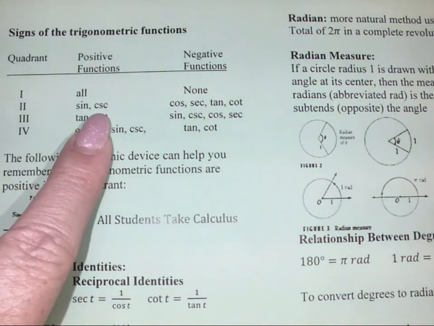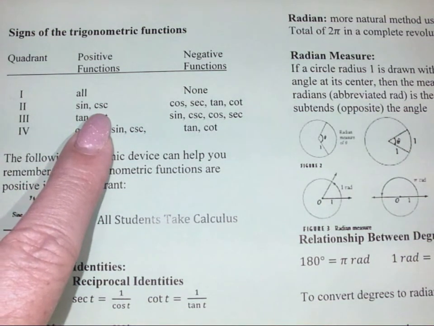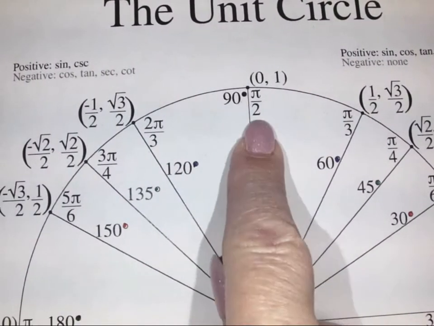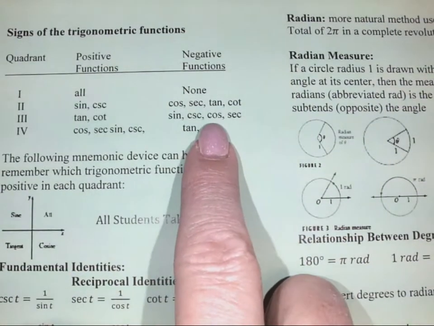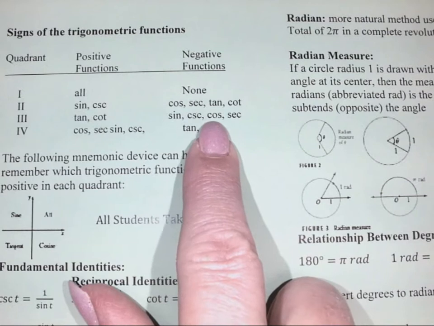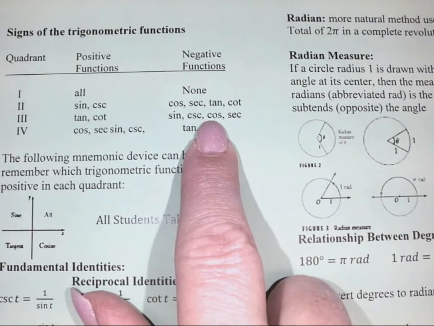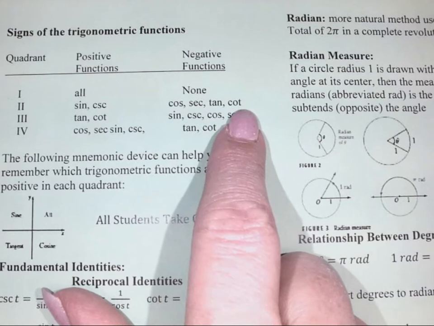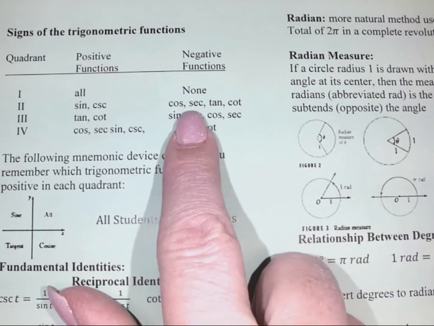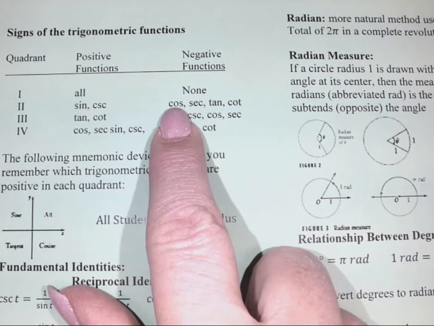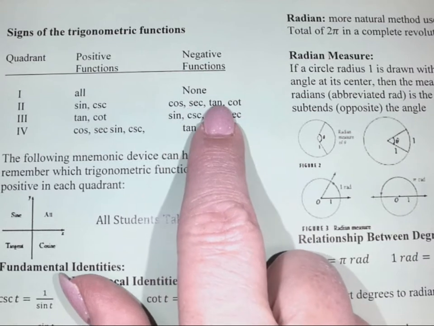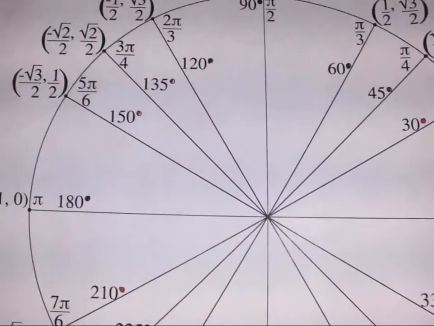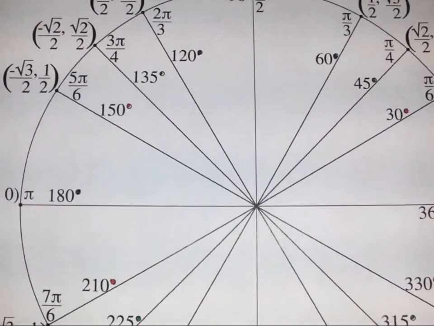Sine and cosecant will be positive in quadrant 2 because those deal with the y-axis. Cosine, secant, tangent, and cotangent will all be negative because they have an x in them. This is x, this is 1 over x, this has got x and y in them both. So those will be negative because they have an x in them.